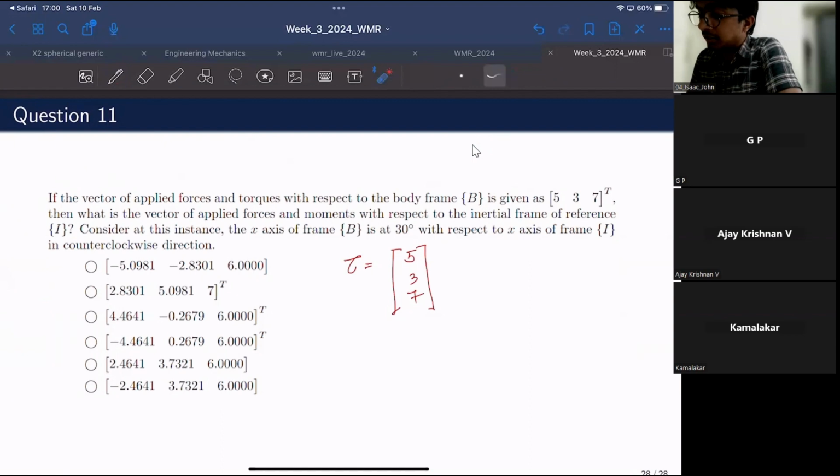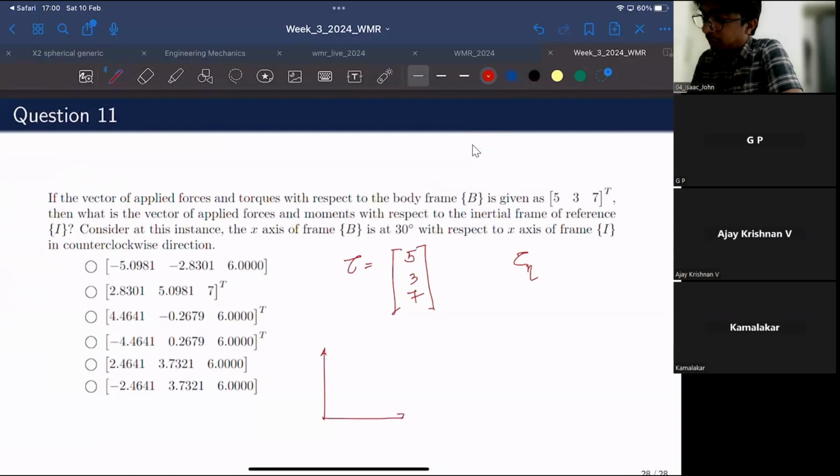Then the question asks, what is the vector of applied forces and moments with respect to the inertial frame of reference? So you need to find tau eta in the inertial frame of reference. It also says to consider that at this instance the axis of frame B is at 30 degrees with respect to the x-axis of frame I in the counterclockwise direction.